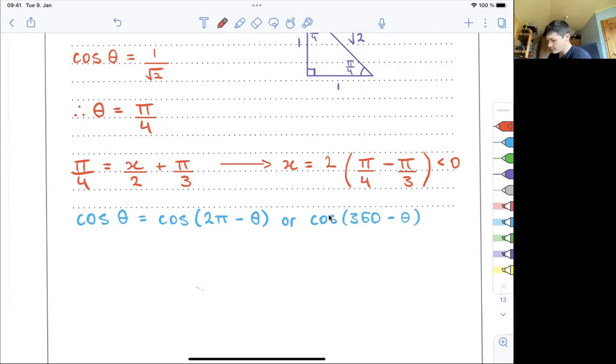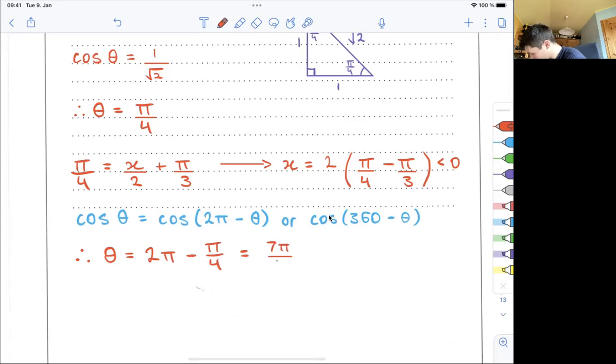So if theta is equal to pi over 4 here, then another possible value for theta would be 2 pi minus pi over 4, which is going to give us 7 pi over 4, because 2 pi turns into 8 pi over 4, and 8 pi minus pi gives 7 pi over 4.